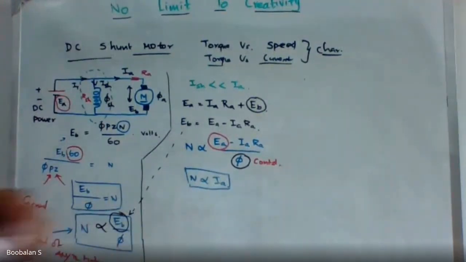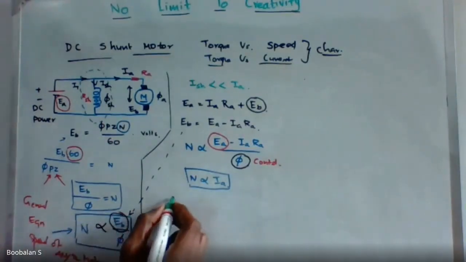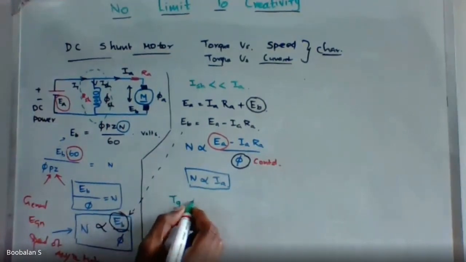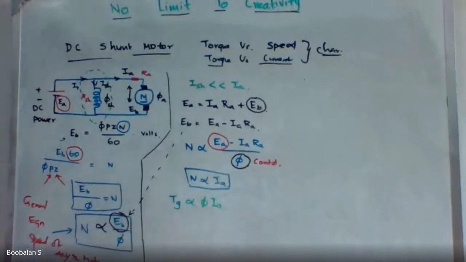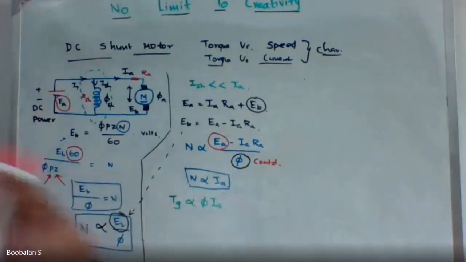Then we have the general torque equation. In the last class, anyone recall the generated torque TG of any DC machine, which we saw as proportional to phi and IA, right? Am I correct? TG is directly proportional to phi IA.